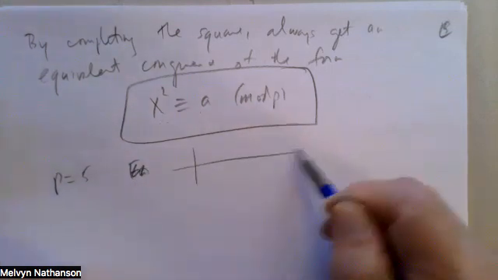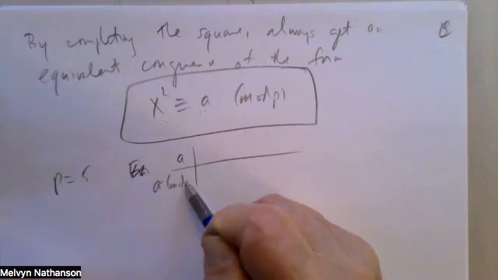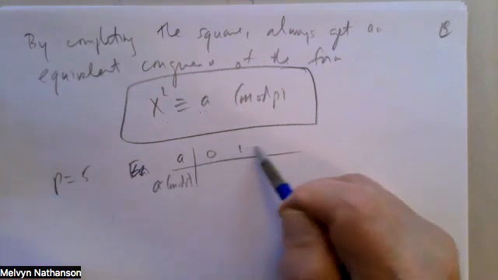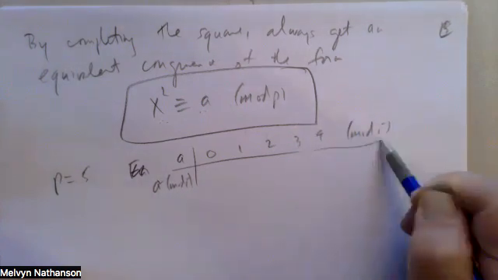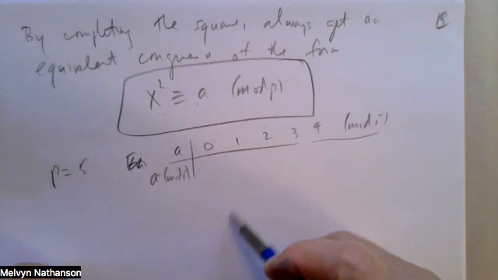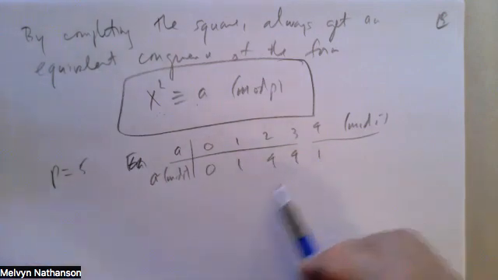We had, for every a, what is a squared mod 5? So 0, 1, 2, 3, 4 are the congruence classes mod 5. When we squared them, we got 0, 1, 4, 4, and 1.